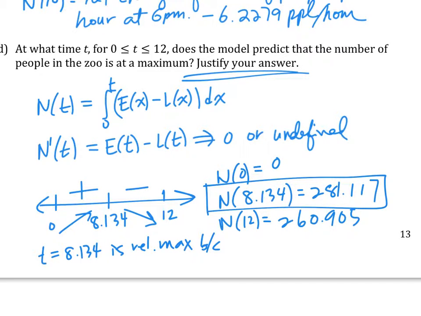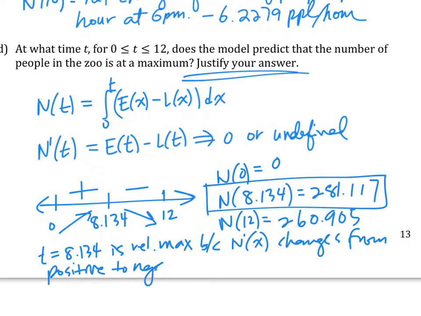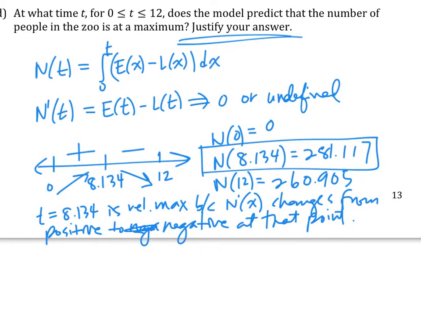because N prime of x changes from positive to negative at that point. And then you can say you checked all 3 points, the beginning, the end, and the relative max, and then t equals 8.134 is the maximum.